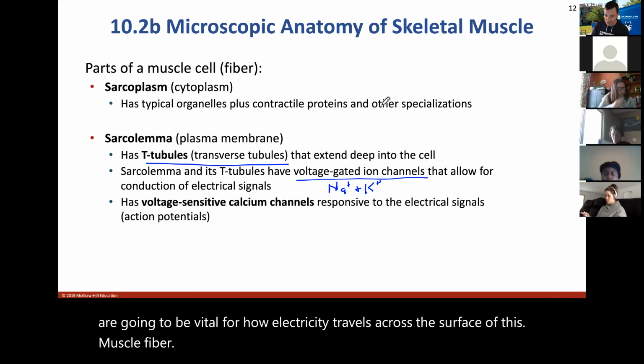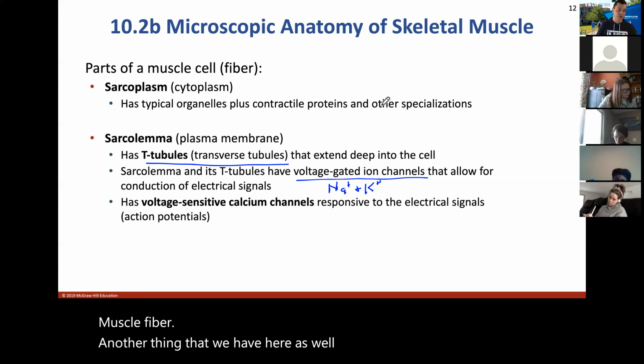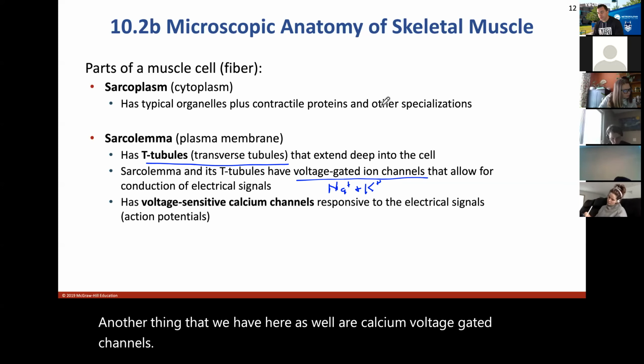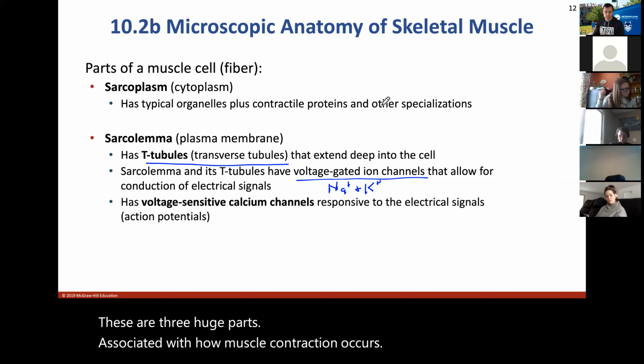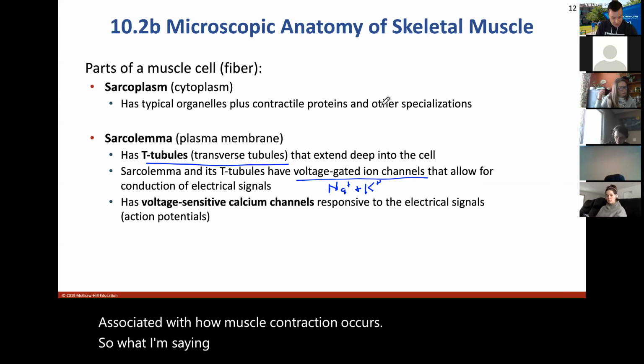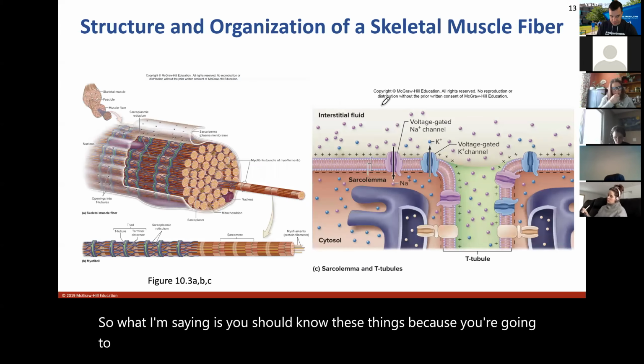Another thing that we have here as well are calcium voltage-gated channels. These are three huge parts associated with how muscle contraction occurs. So what I'm saying is you should know these things because you're going to be talking about them quite a bit.